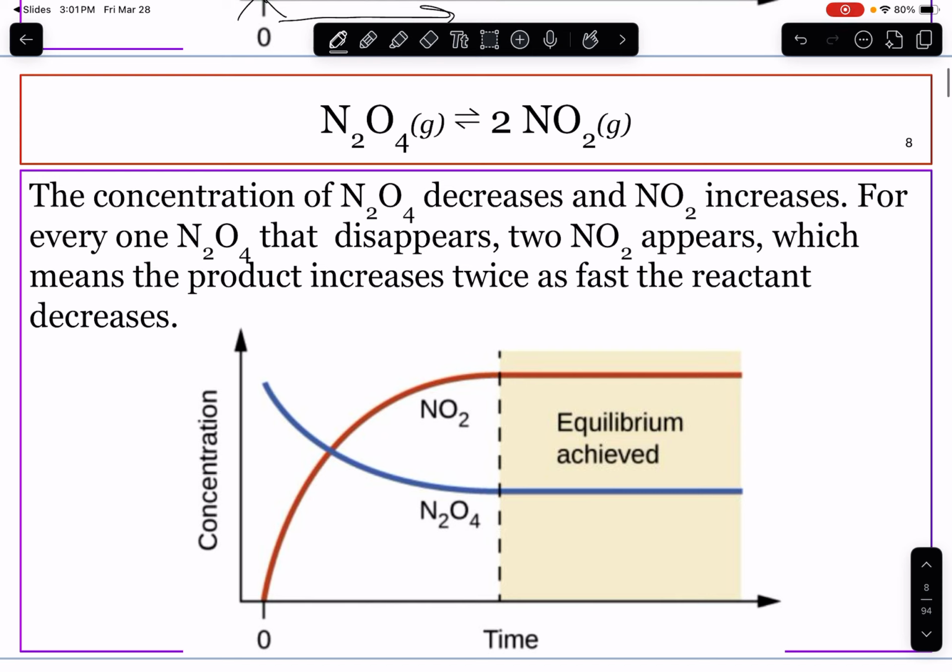The concentration of N2O4 starting out here decreases, and the NO2 starting here increases. For every 1 of N2O4 that disappears, because the coefficient is a 1 here, 2 of the NO2 appear, which means the product is increasing twice as fast as the reactant decreases.